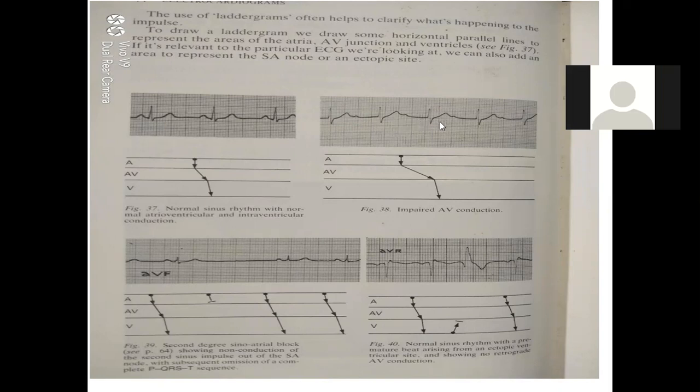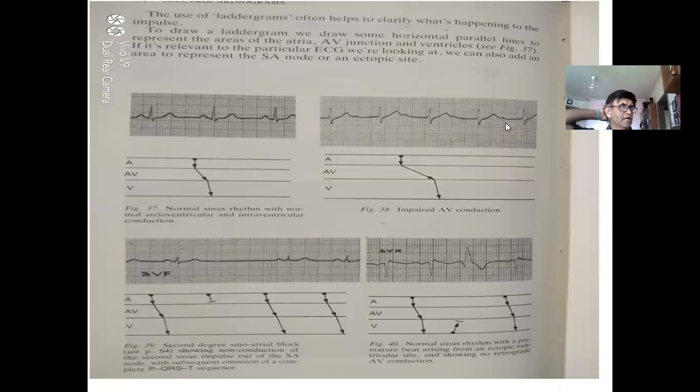Third one, 9. Fourth one, 8. So there is a variation. Where is the variation? Is it in the P or the PR? PR. So all variation in PR is called heart blocks.